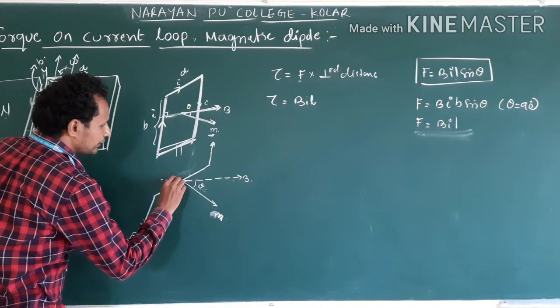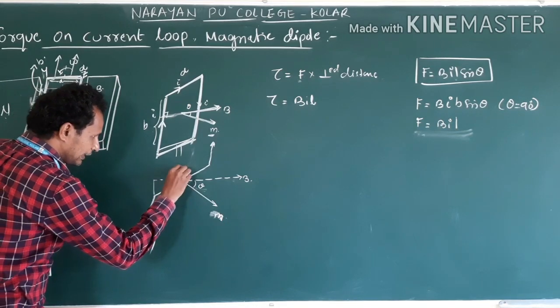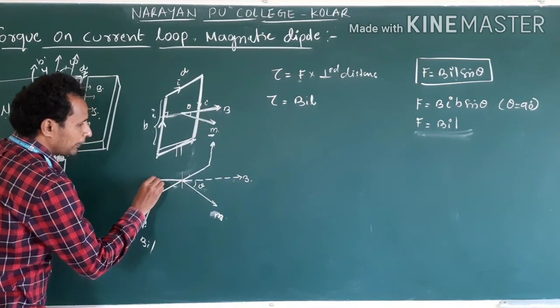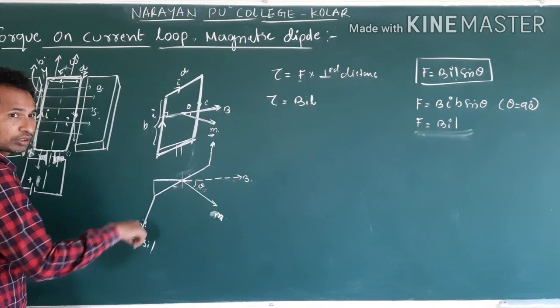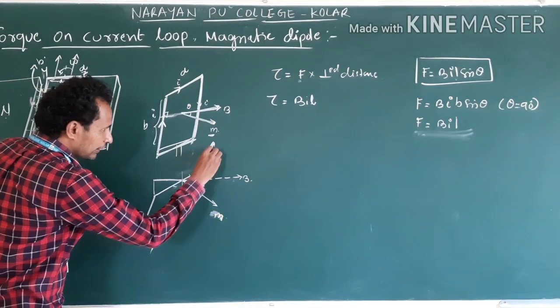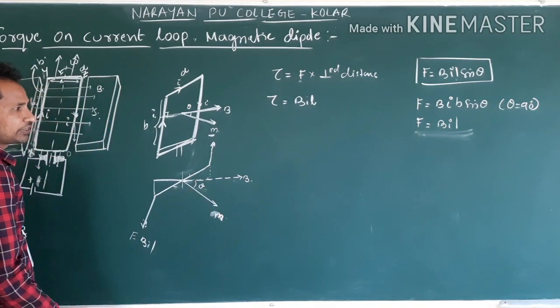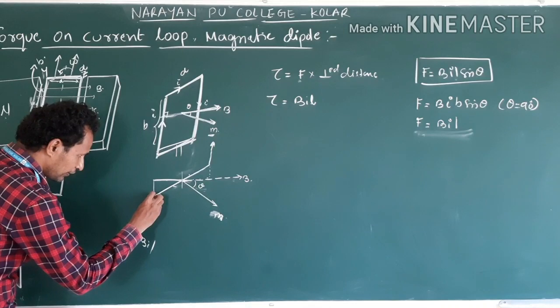Clear? Now if you extend this line, we are calculating about this. So this is the perpendicular distance to this force. Understand? To understand this, if you extend, this is also the perpendicular distance for this force. To understand, I will draw like this.